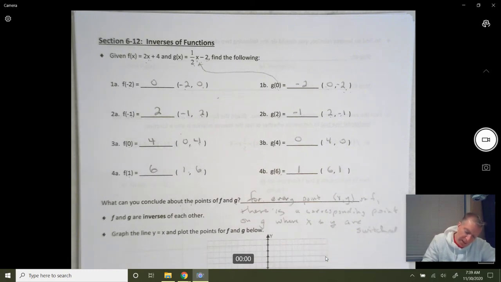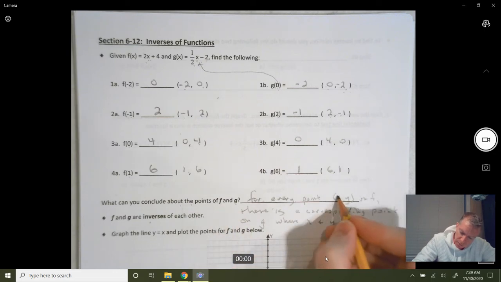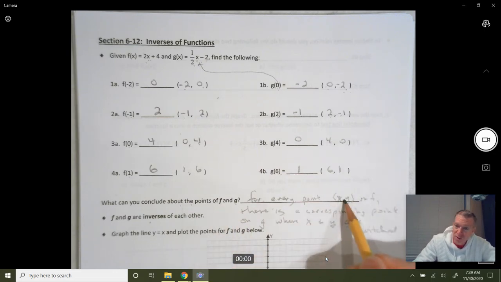Okay, and you conclude that f and g are inverses of each other. This right here is a property of inverses. For every point x, comma y on one function, on the inverse function, there will be a corresponding point where you switch the x and the y.